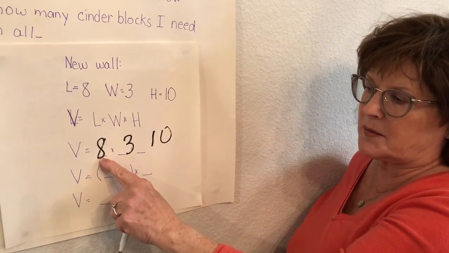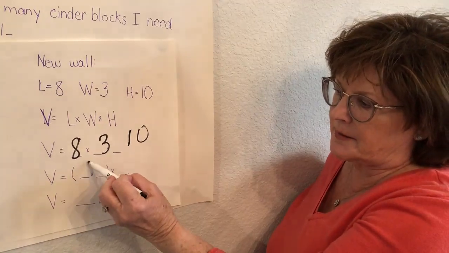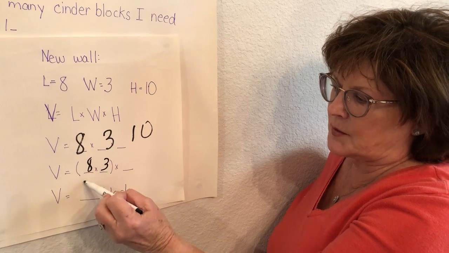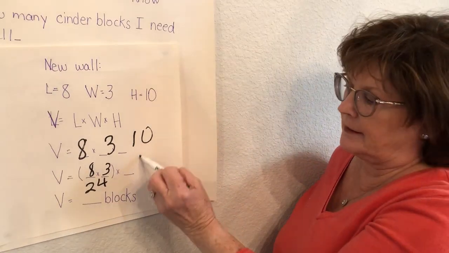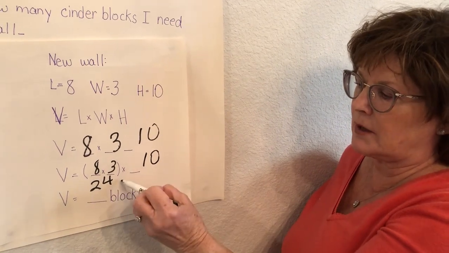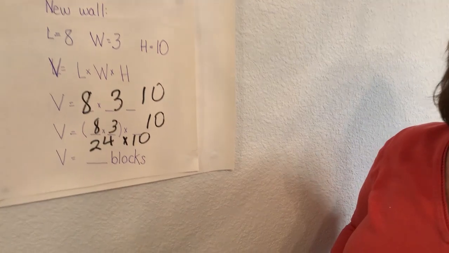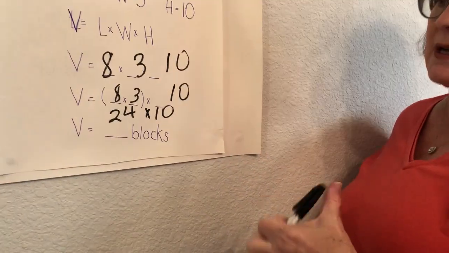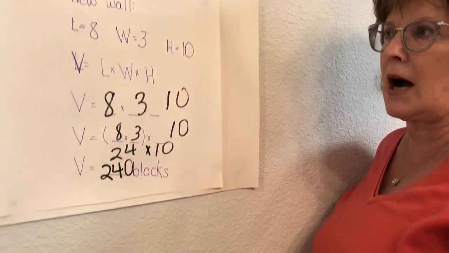So now we're going to multiply 8 times 3, Brianna. 8 times 3 is 24. And our height is 10. So 24 times 10. How many blocks in all? Cohen, 24 times 10. That's correct. 240 blocks altogether. Very good, boys and girls.